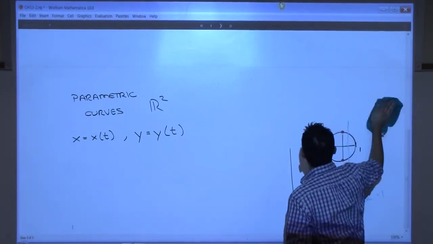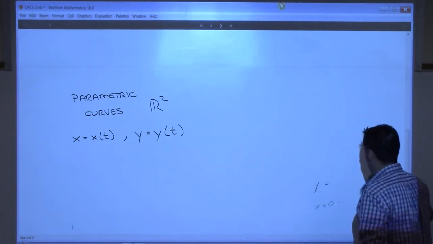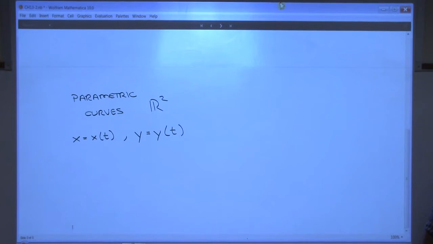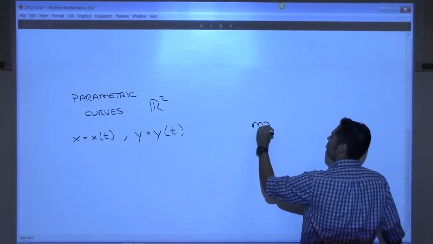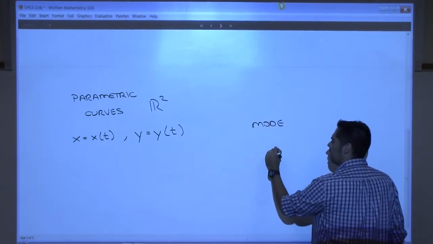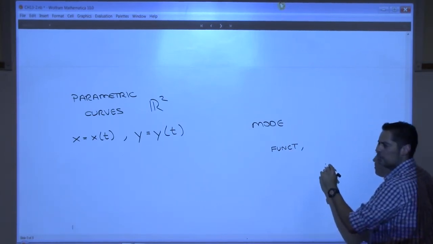Now, for those of you who own graphing calculators, there's a button on your graphing calculator called Mode, and you can actually change your function. If you go to Mode, I believe there's something about graphing in there, and it gives you function. What's another option?